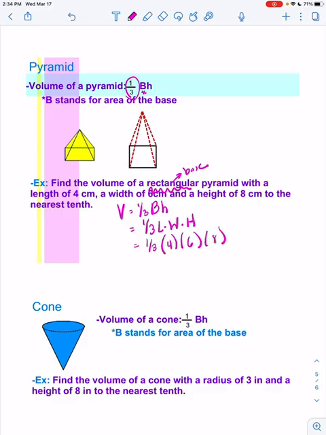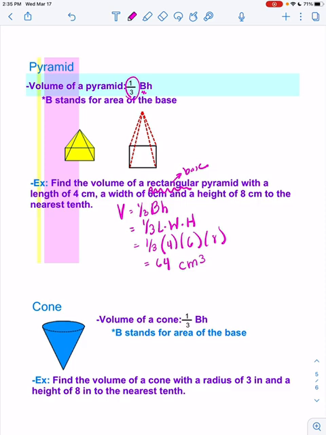So again, it's very similar to the prisms we were doing on the previous slide. I just need to now multiply by 1/3, again, because the sides aren't going straight up, they're meeting at a point. So we're going to take up less space. And we actually get a nice answer here of 64 centimeters cubed. Again, it's still cubed because it's still volume.